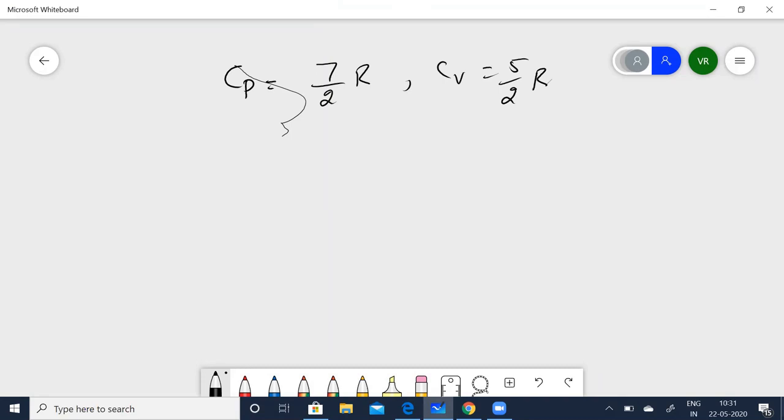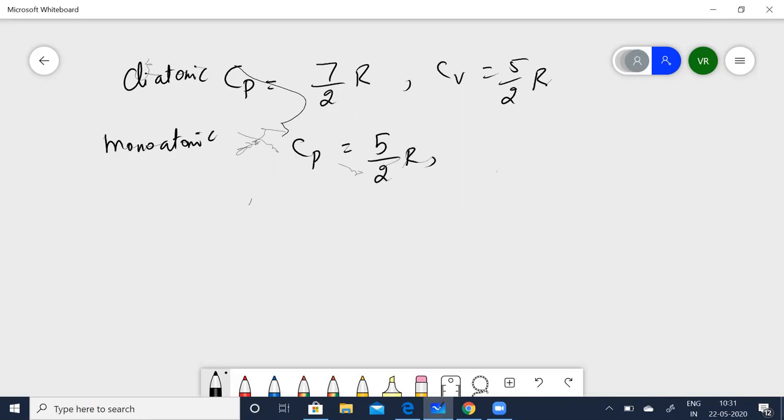Otherwise you'll have to solve it and derive it and then solve. So it is always better to memorize this. So for a monatomic gas, Cp is equal to 5/2R and Cv is equal to 3/2R.